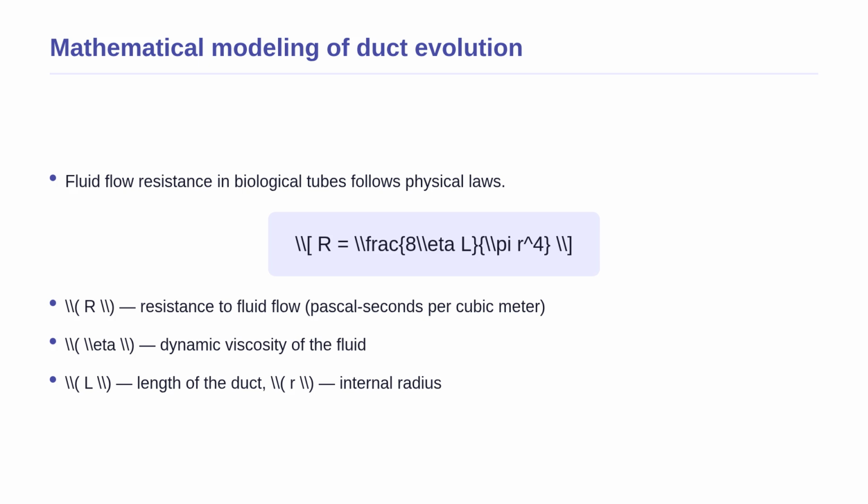The Greek letter eta represents the dynamic viscosity, meaning how thick or sticky the fluid is. L stands for the length of the duct, and r represents the internal radius. Notice that resistance is inversely proportional to the fourth power of the radius. This means even a tiny decrease in the duct's radius will cause a massive, exponential increase in resistance, forcing the organism to adapt.